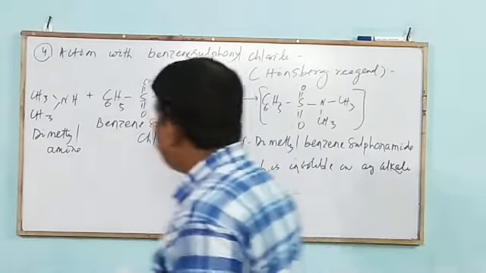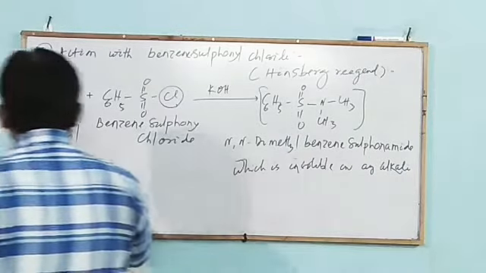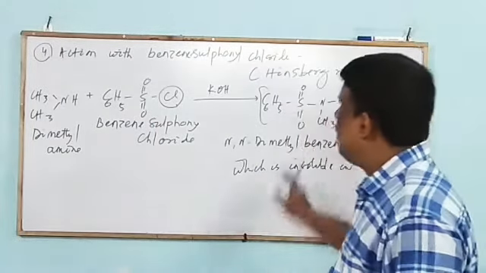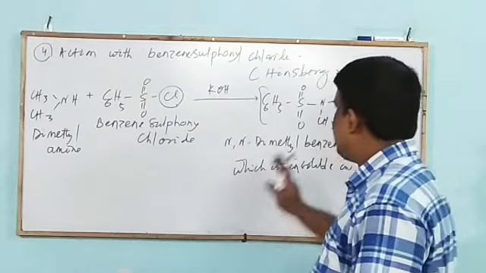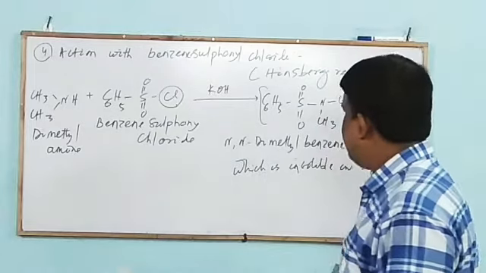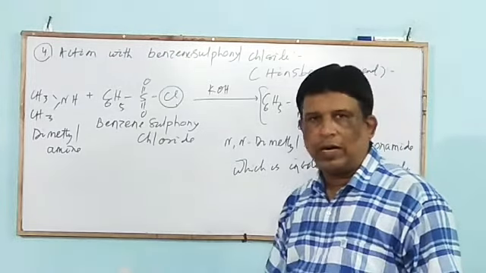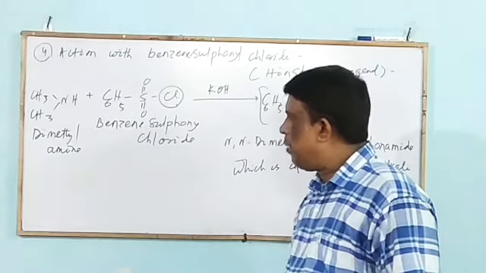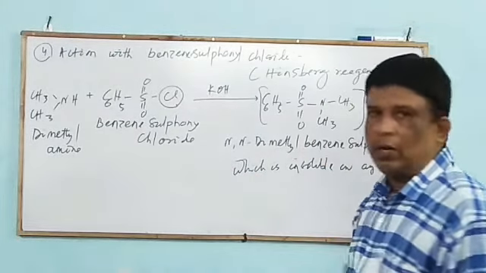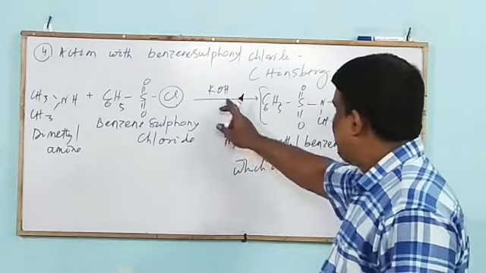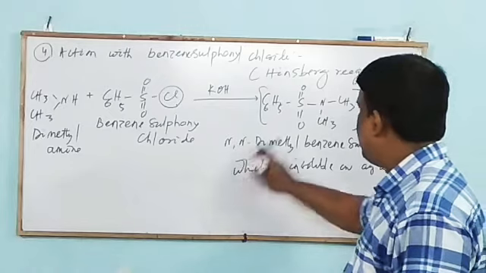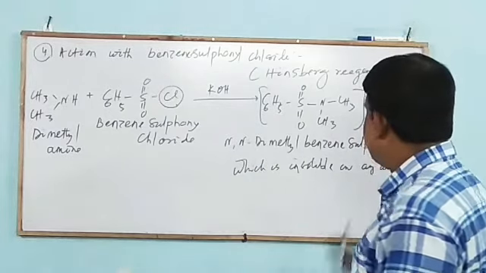I repeat again. If we select a primary amine, that is methylamine, then it will form a water soluble potassium salt of N-methyl benzene sulfonamide. On the other hand, if we select a 2-degree amine, that is dimethylamine, when it reacts with benzene sulfonyl chloride in the presence of KOH, it is insoluble, forming N,N-dimethyl benzene sulfonamide.